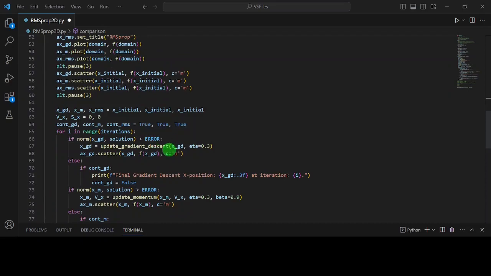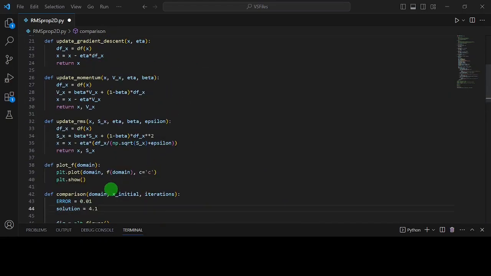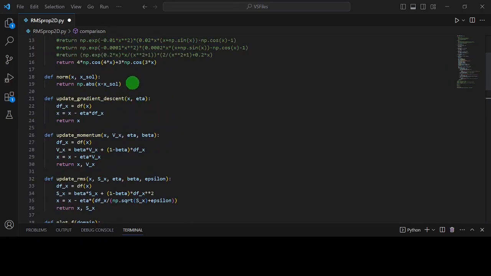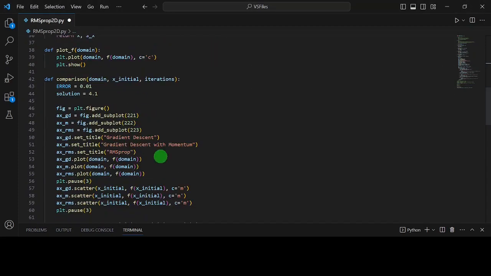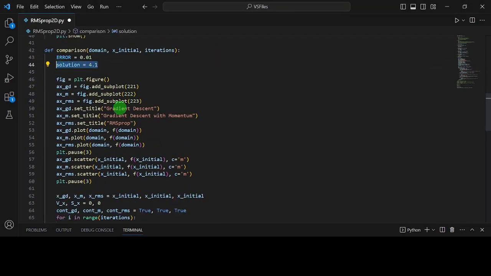And then what you would do is you just calculate the norm, which in this case, because it's just two-dimensional, is just the absolute value of x, which is the solution at a specific iteration of the algorithm, minus the true solution, which I've called x sol, and that would be just solution here.